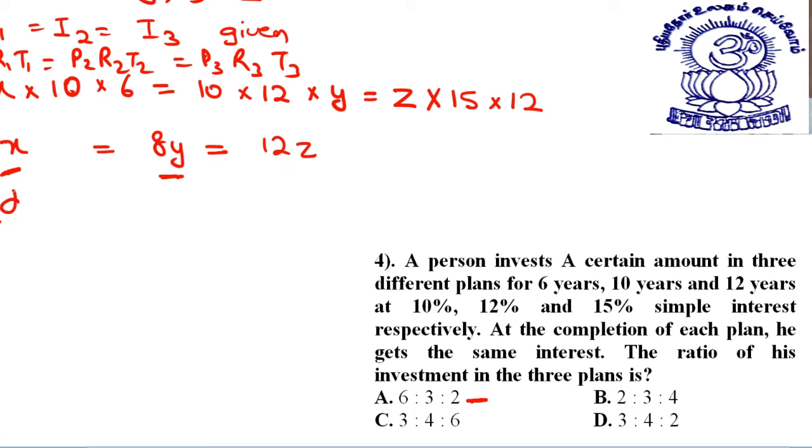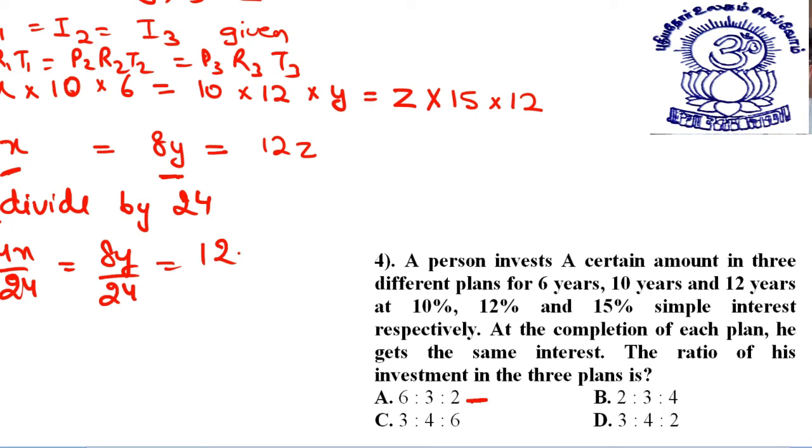I am saying divide everything by 24. The moment you divide everything by 24, what you will get? 4x by 24 is equal to 8y by 24 is equal to 12z by 24, or you can say x by 6 is equal to y by 3 is equal to z by 2. You getting this? Yes. Let us assume this is equal to k.